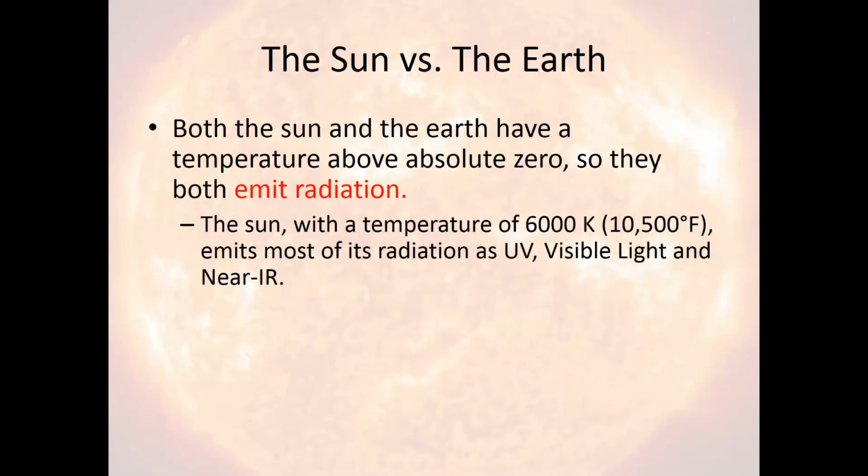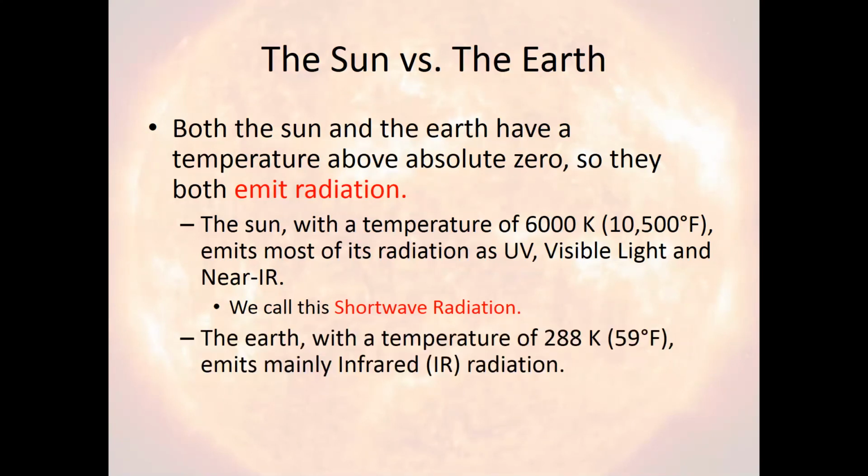The short wavelengths it emits are ultraviolet, visible light, and near-infrared radiation. So most of the sun's radiation comes out in these three forms. We have a fancy name for this, and it's one I want you to memorize. We call it shortwave radiation. So the sun emits shortwave radiation, and because the sun is so hot, it emits a lot of it.